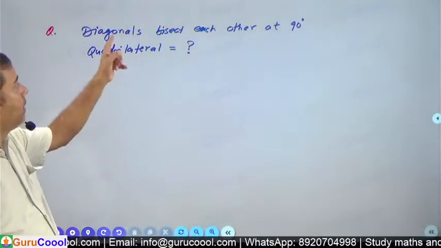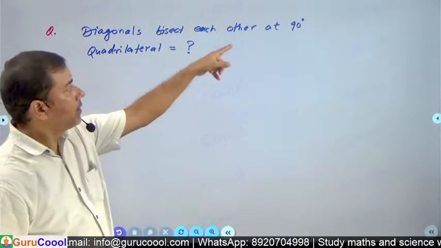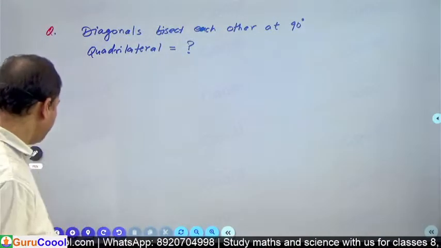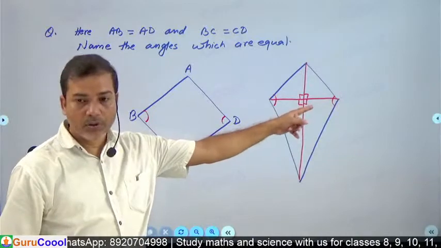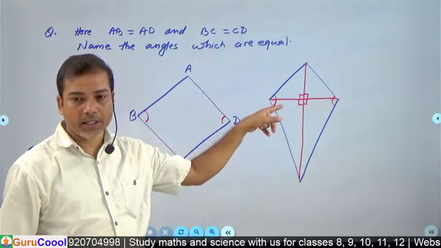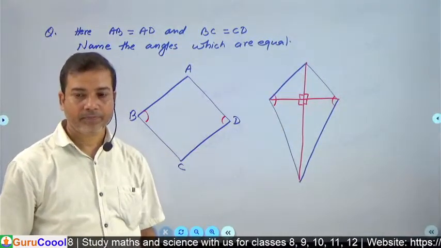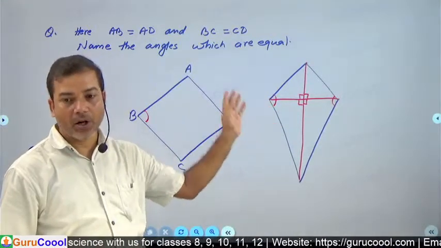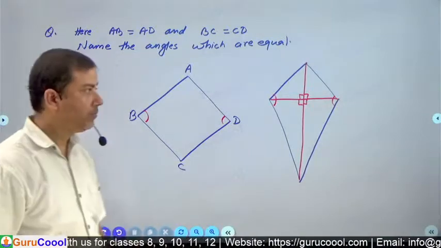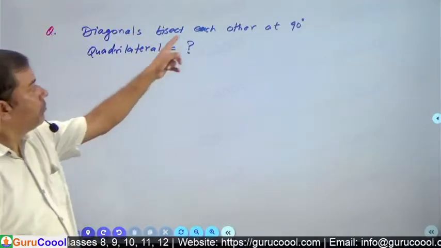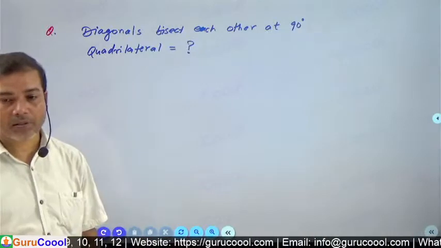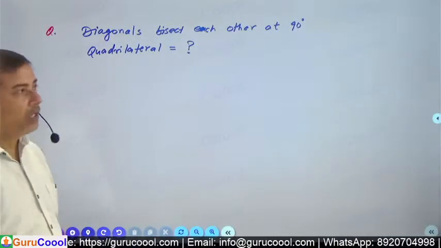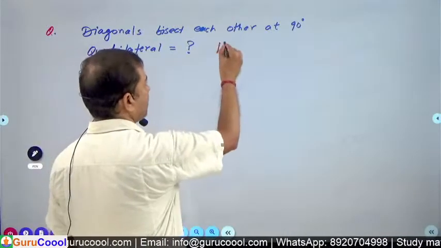What it is telling? Diagonals bisect each other means both are getting bisected at 90 degree. But in a kite, I told you, only smaller one is getting bisected, not the longer one. Longer one is bisecting the smaller one, but the smaller one is not bisecting the longer one. It is telling each other. That means both diagonals are getting bisected at 90 degree. The correct answer is rhombus.